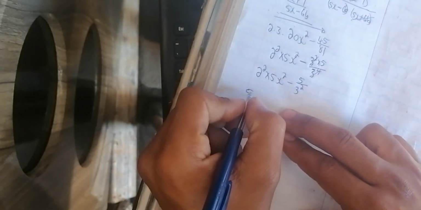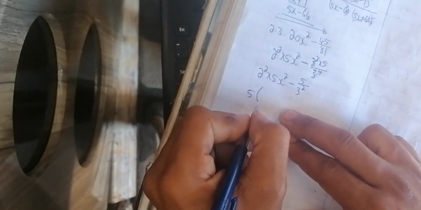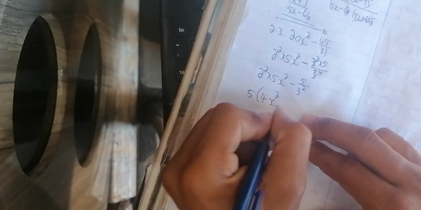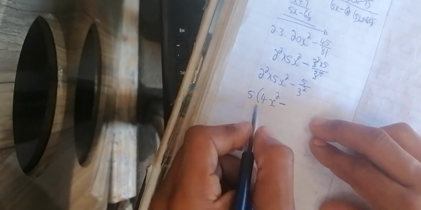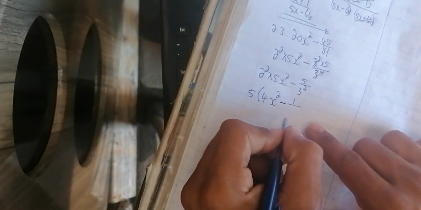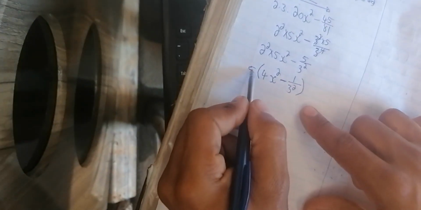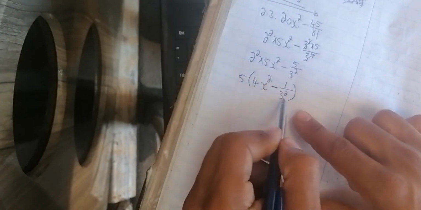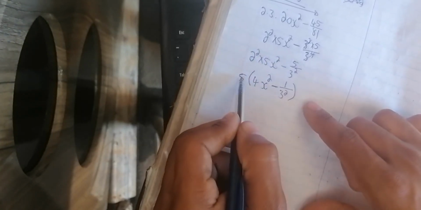So I'm going to say 5, and I'm going to say 4x squared minus, and if I want to get that 5 on top there, I'm going to say 1 over 3 squared. Can you see this? This times this would give you that, and this times this would give you exactly that, because it would be 5 divided by 3 squared.